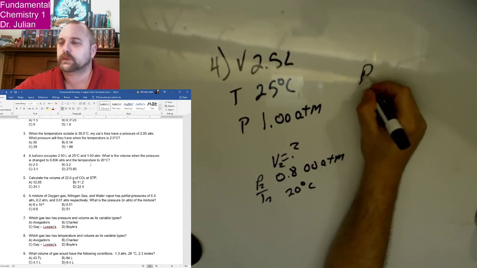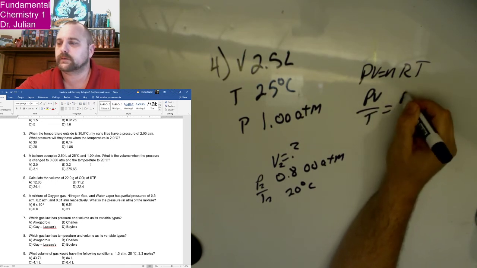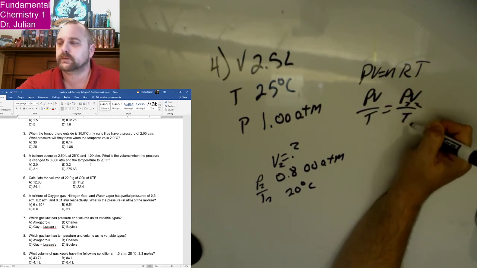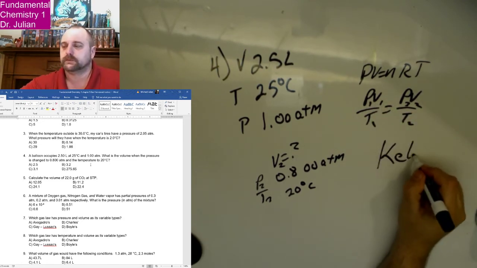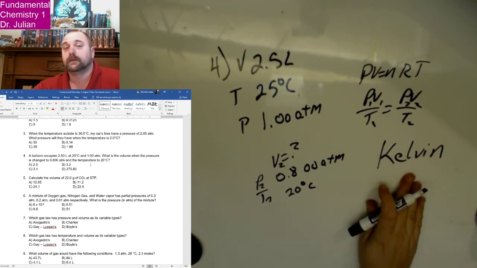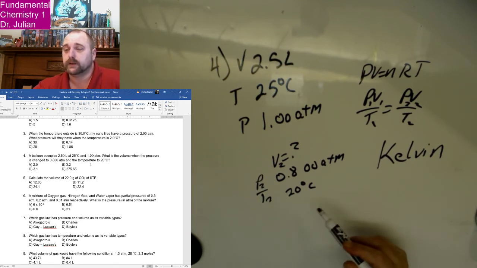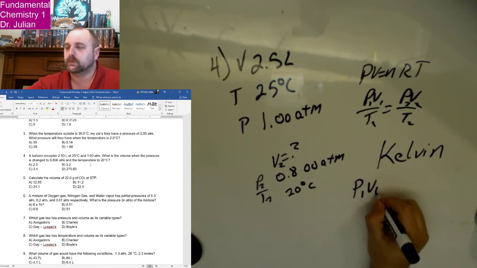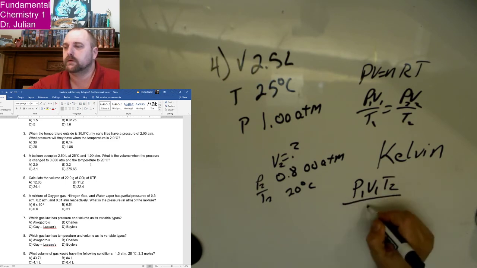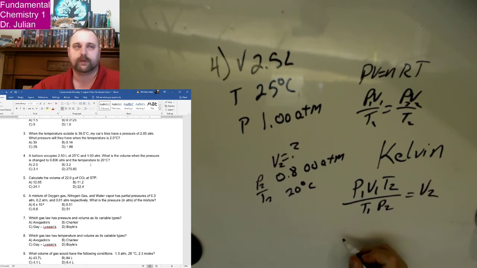This is the combined gas law: PV divided by T equals PV divided by T, 1s and 2s. Kelvin, that's where people miss it. Got to put it in Kelvin. We can solve it first and then plug everything in: P1 V1 times T2 over T1 times P2 will be V2. Algebra.